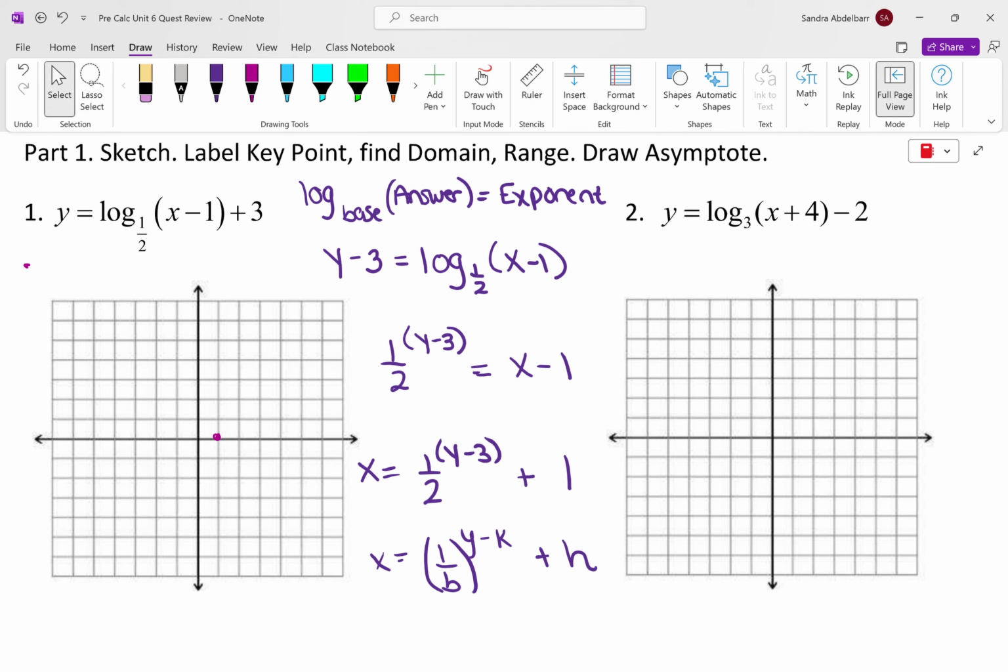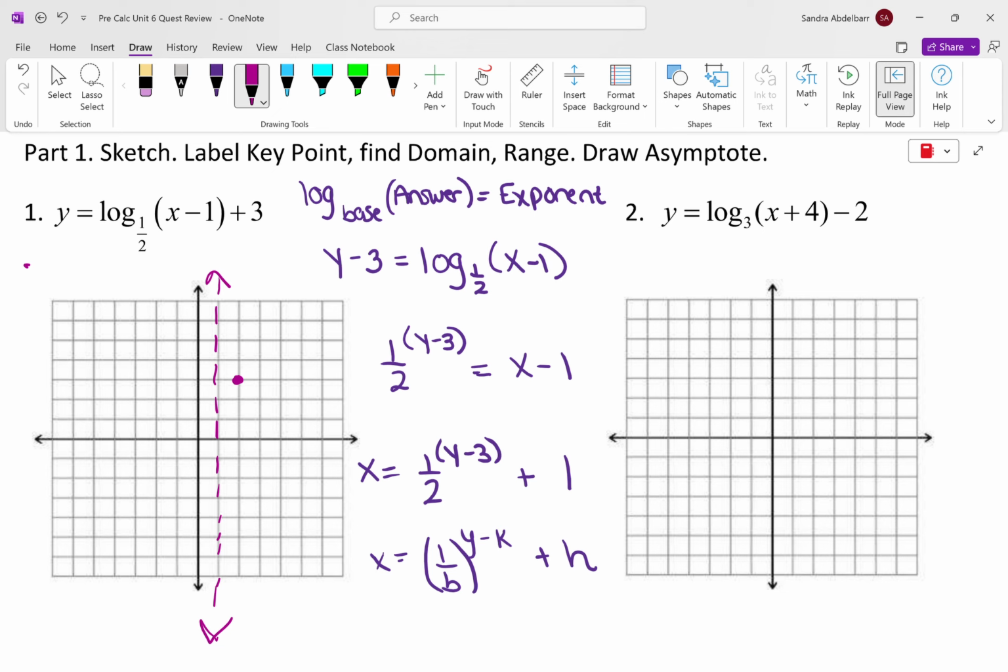All right, so now we are at 1, 0. I'm going to go 3 units up and 1 unit to the right. And now I'm going to have an asymptote 1 unit to the left of the key point. Now, is this function increasing or decreasing, and how do you know?